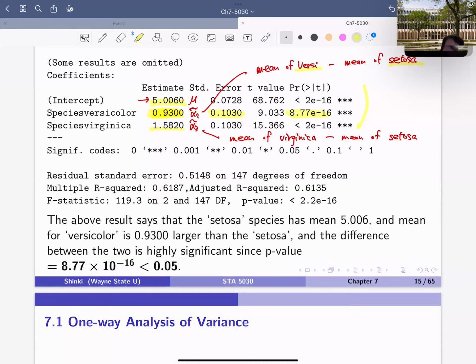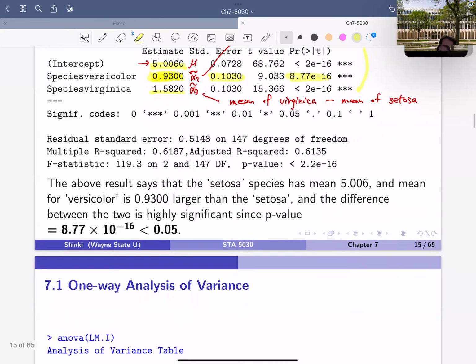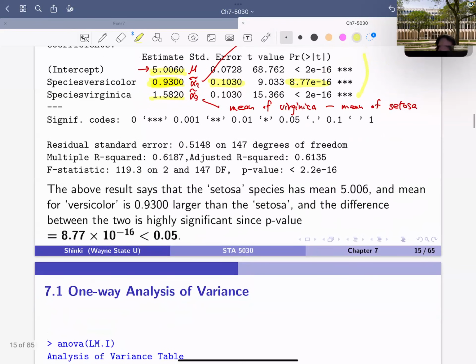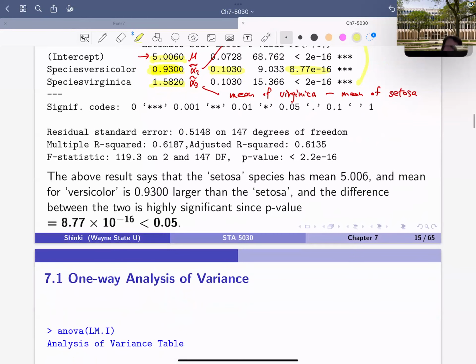So you can see that this is probably significant, so we can say it is statistically significant. And the difference between Virginica and Setosa as well is significant. But our final objective is whether overall these three groups have different means.